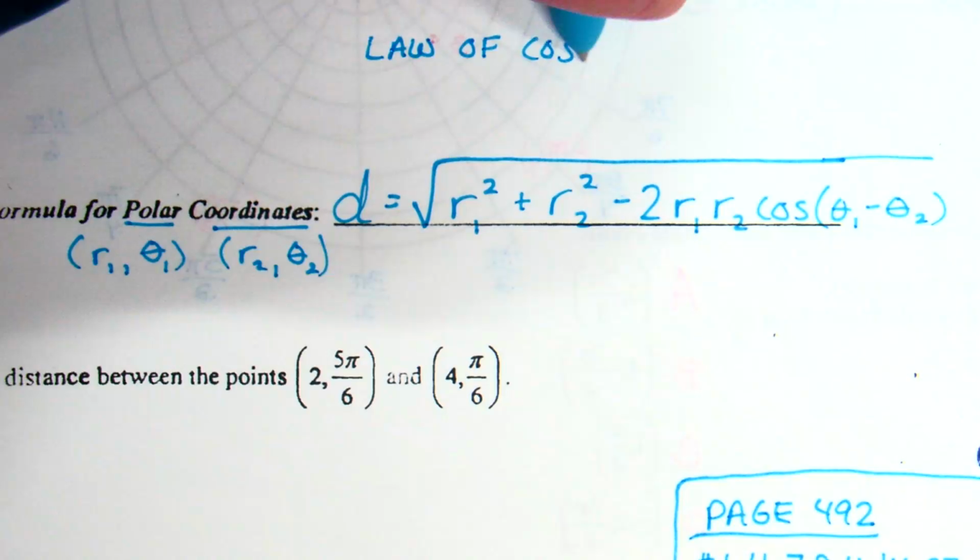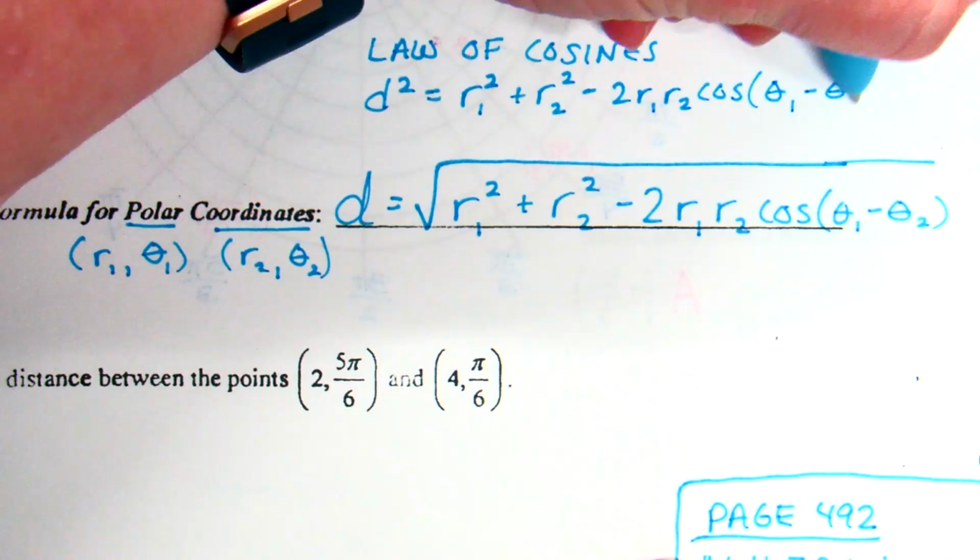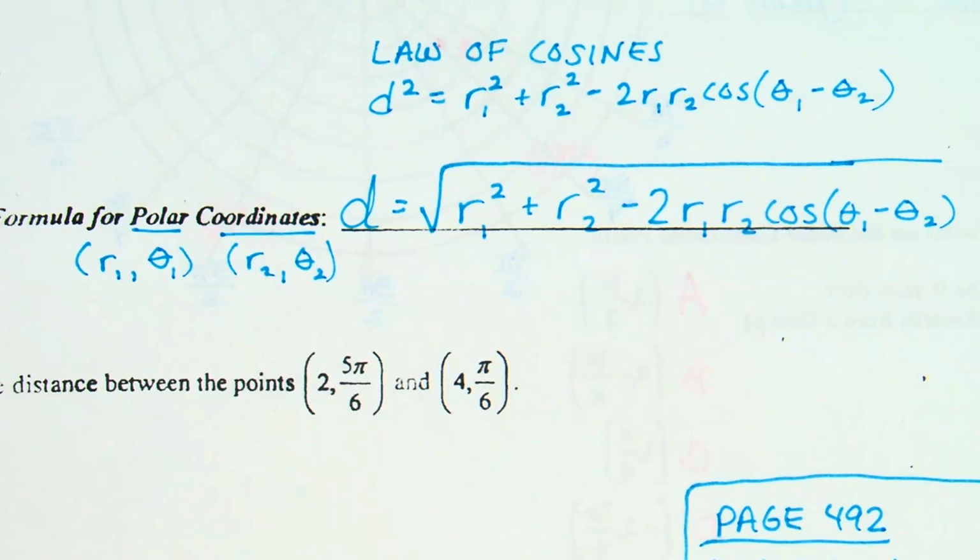I know it's still not exactly the same because you're used to your ABCs instead of using the R values, but this is a variation of law of cosines. And if you look in the book, that's how they're going to show you that they came up with it, using law of cosines. Good news, it's easy to use. So I'm ready to try example 5 when you are.